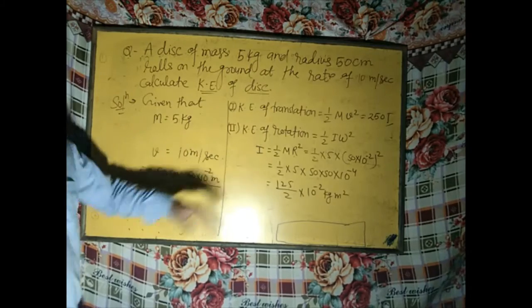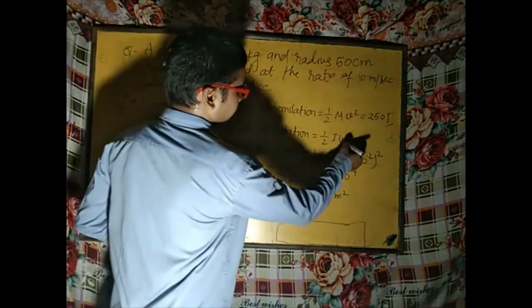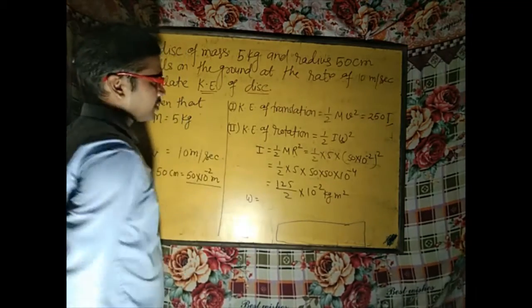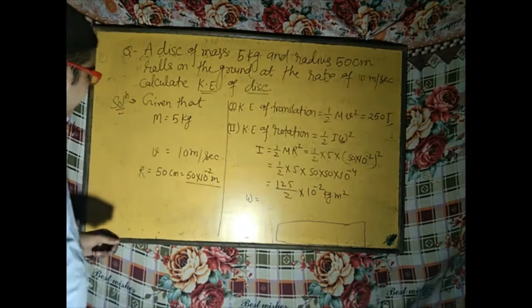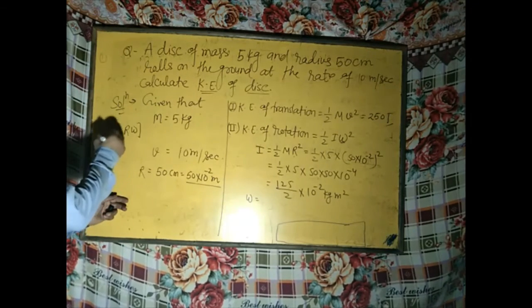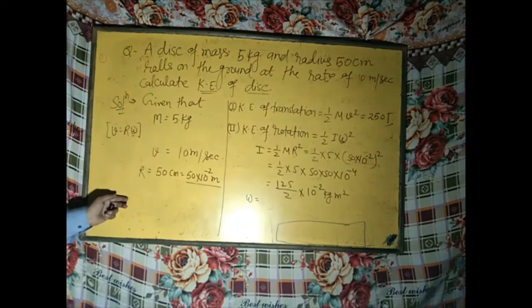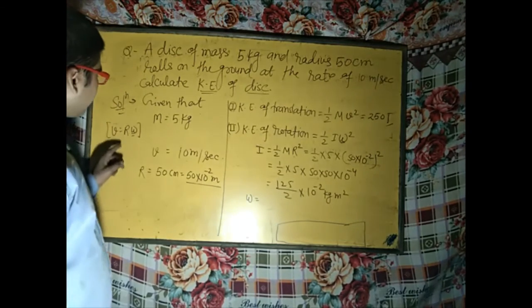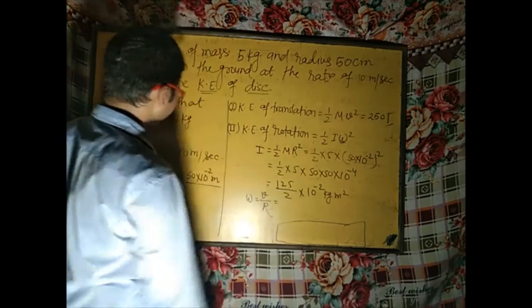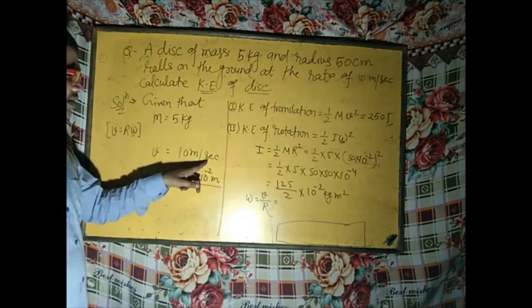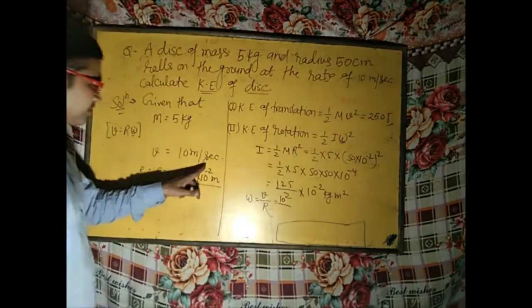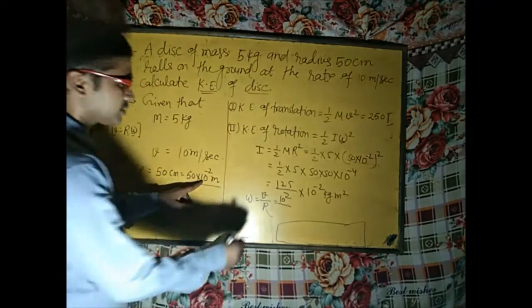Okay, now we need the value of this omega. So omega is equal to, since you know that v is equal to r into omega for linear motion, so omega is equal to v upon r. Okay, so you can write here omega is equal to v upon r, and the value of v is 10 meter per second, so you can write here 10, and the value of r in MKS system, that is 50 into 10 to the power minus 2.